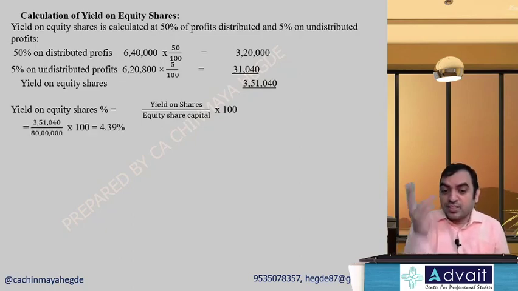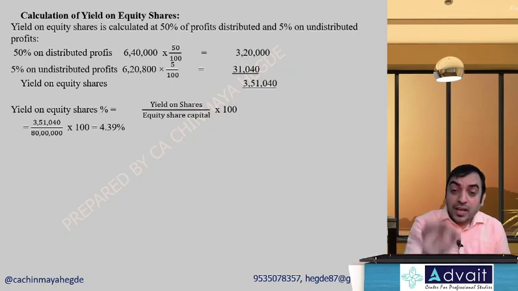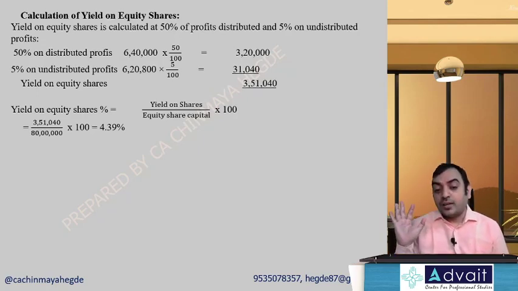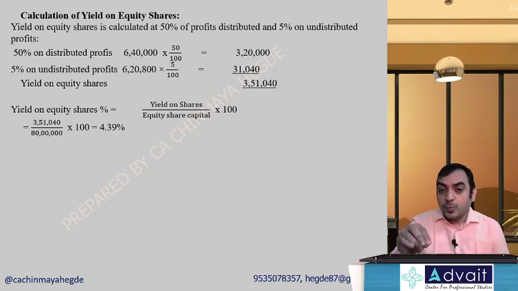So yield on share is 3,51,040 and share capital is 80 lakh. 3,51,040 is the return on a capital employed. Pure equity capital is 80 lakh. So return or yield is 4.39% on equity capital face value. Write down till here.